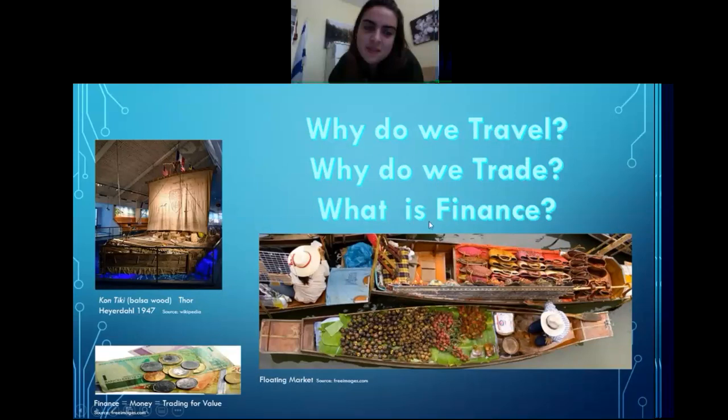What is finance? What does finance mean to you? The investment or the financial or the monetary aspect of doing something is finance.